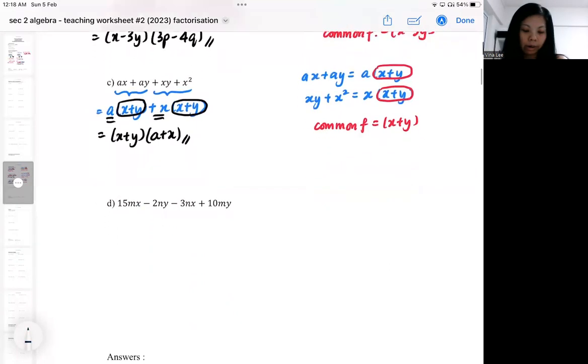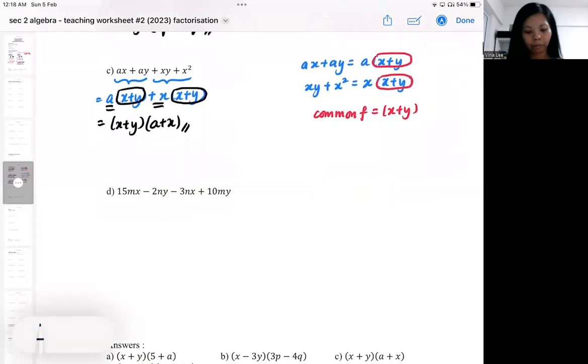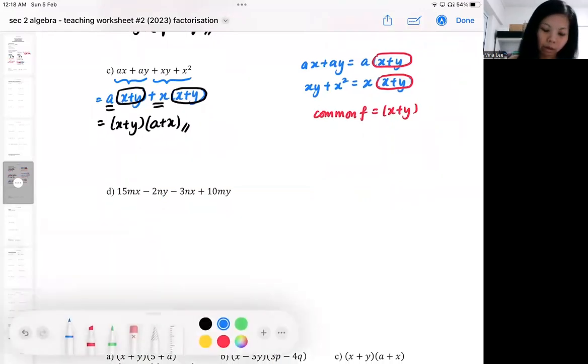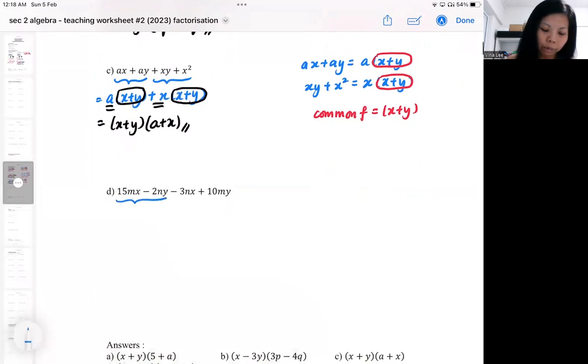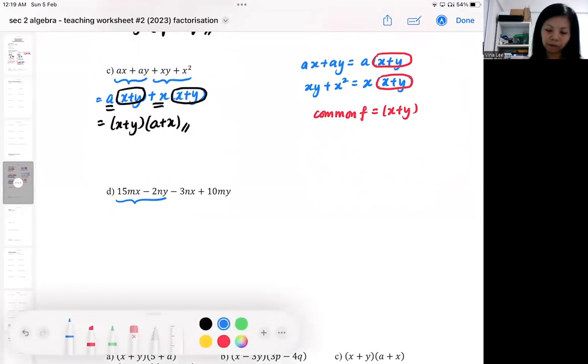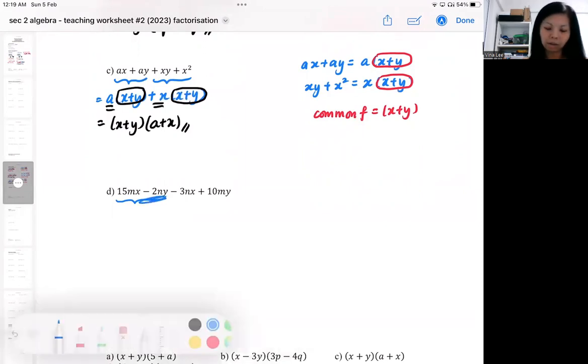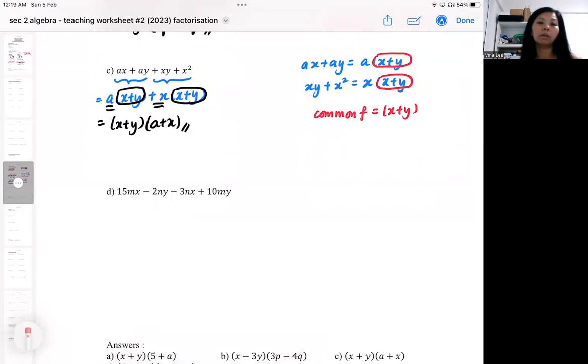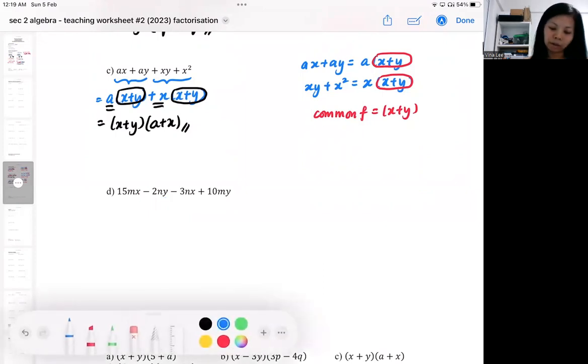Okay, so let's try another grouping. This one, if you take a look at just the two terms, you don't see any common factor. If you look at 15mx minus 2ny, you don't see any common factor. So this one, you can't even take it because you already know that there is no common factor.